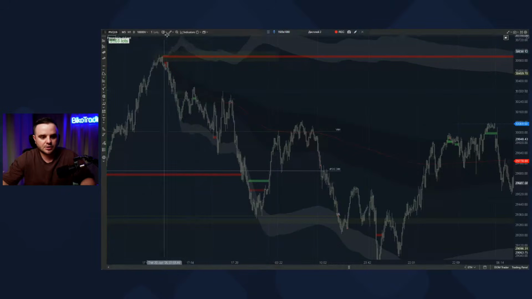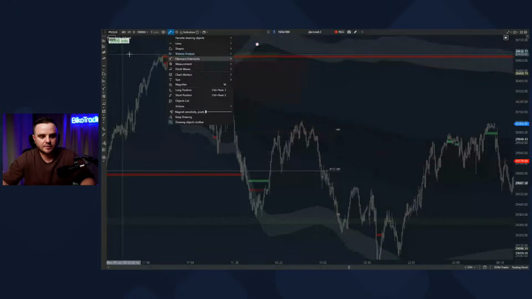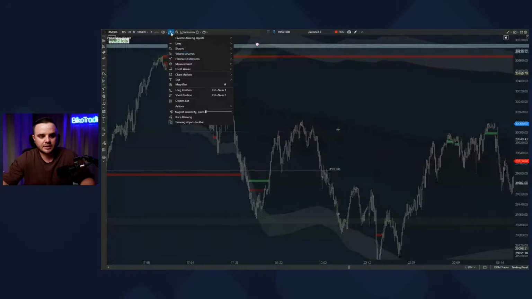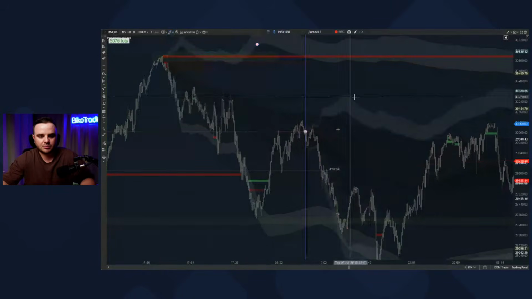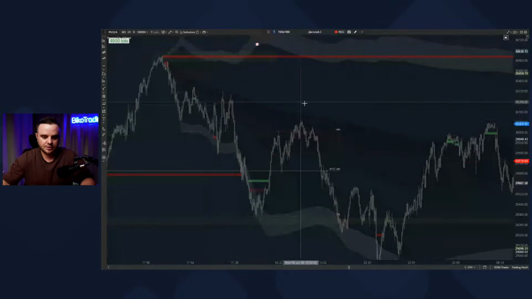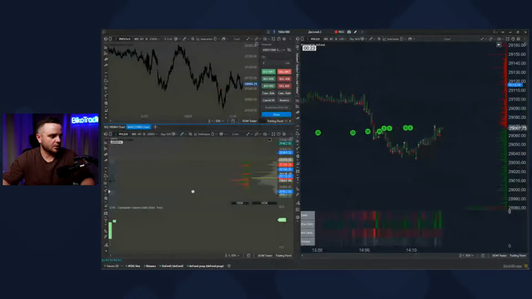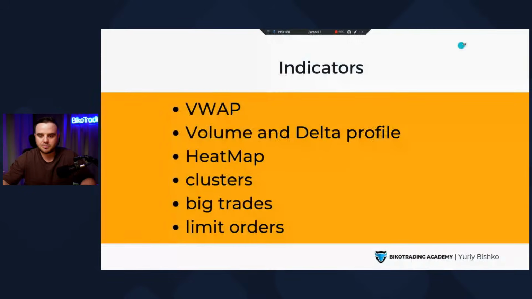In ATAS, under volume analysis, you have this anchored VWAP. You can add it to a favorite list and have it on the left side. Plus, I added it to hotkey W, and at any moment I can build it and move it at any deviations.